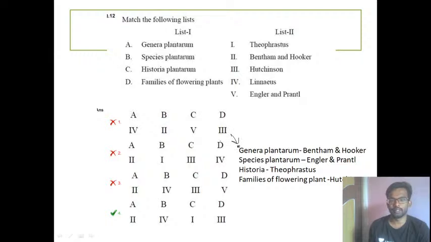Let us arrange them into the answer accordingly. Genera Plantarum was given by Bentham and Hooker. Species Plantarum was given by Linnaeus. Historia Plantarum is given by Theophrastus. Families of Flowering Plants is given by Hutchinson.